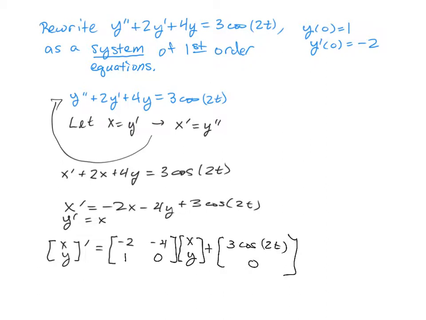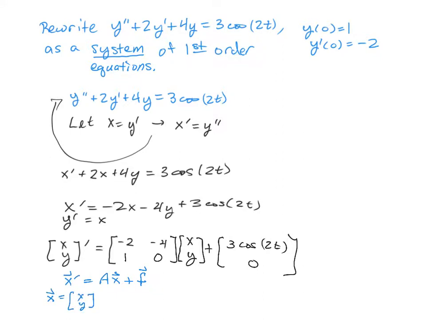We can then generalize this in vector form as x prime is equal to A times x plus f, where the f and the x prime are vectors and x is shorthand for (x, y).